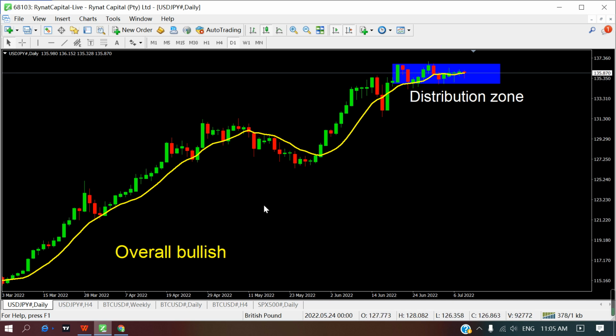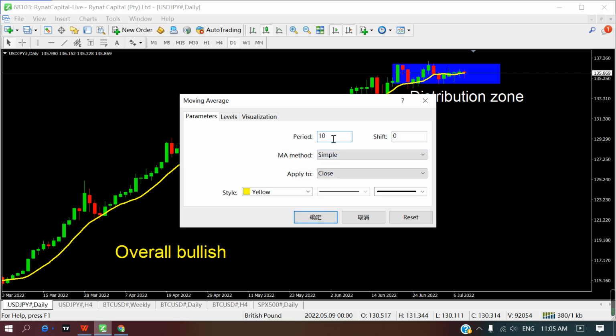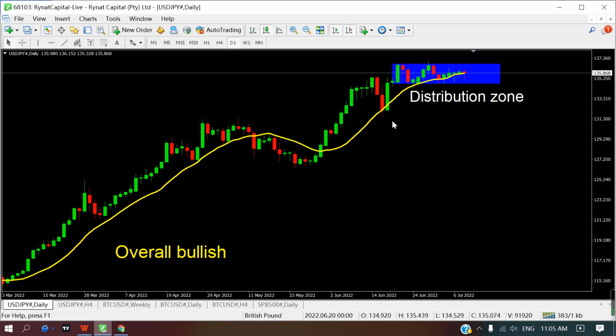So I think we may need an MA which is bigger. At this moment, we could change it. We click the MA properties and change it to 14. Okay, and then confirm. Then we could say this one is much better, right?